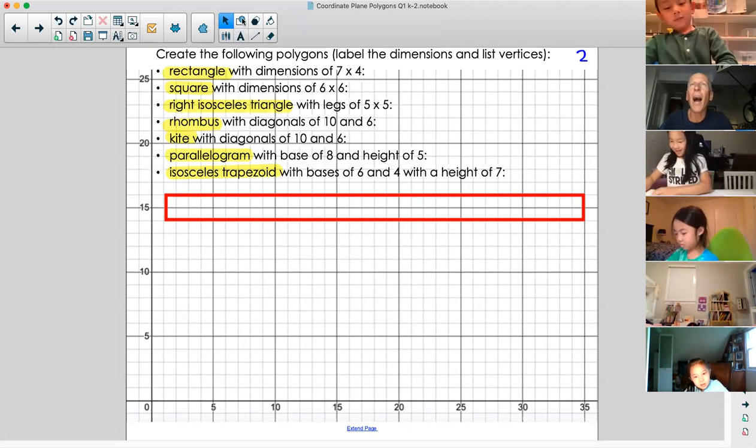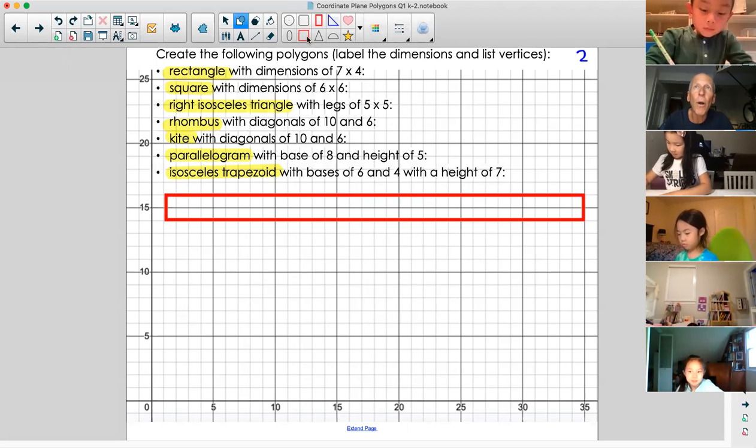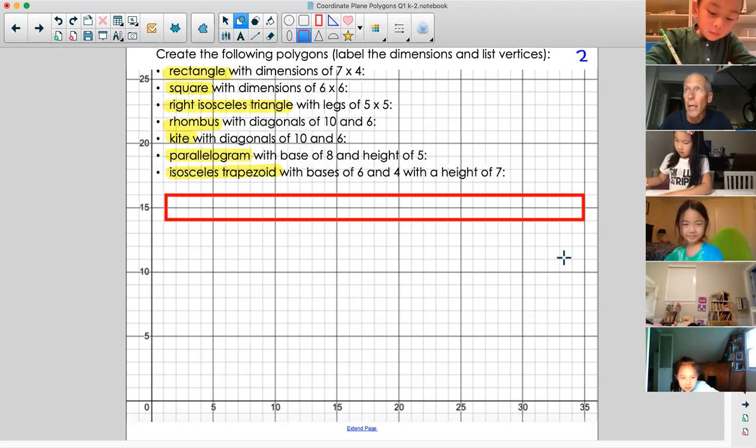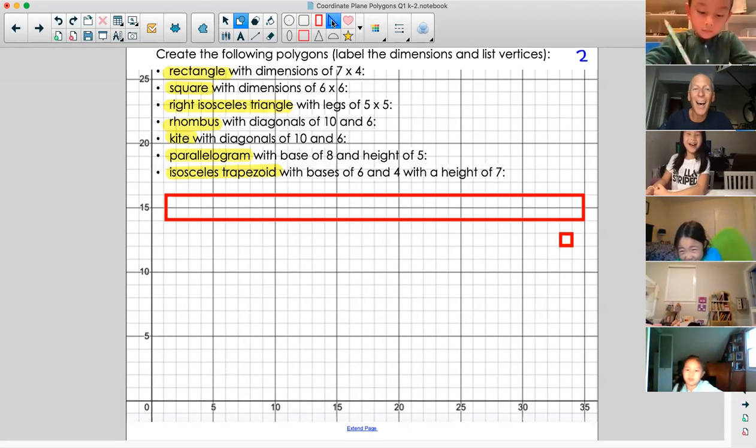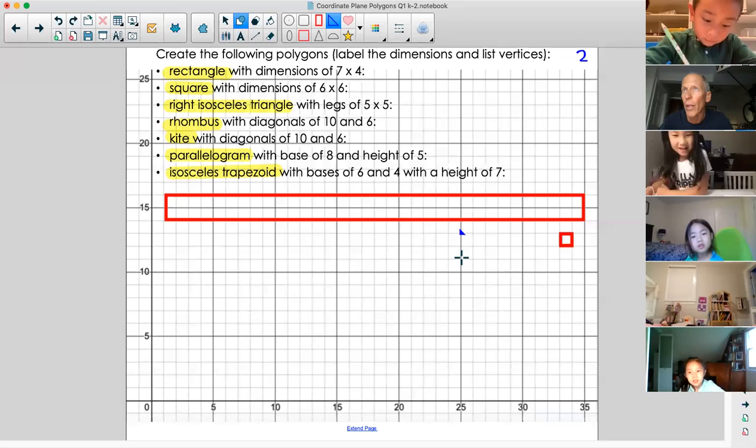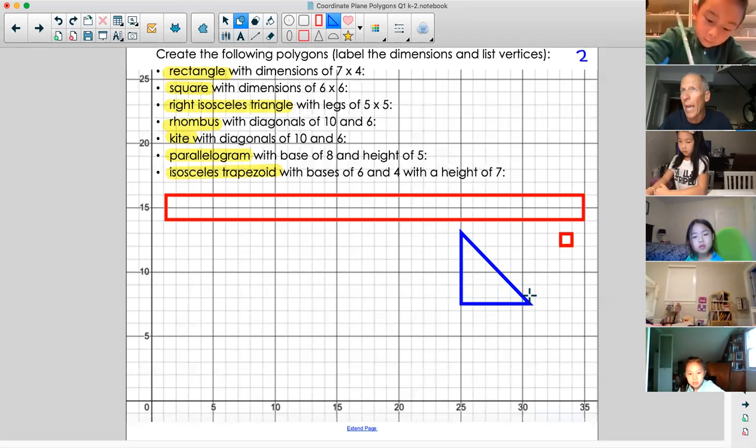And I'm now going to make, what are you guys drawing now? I'm going to make a square. I'm going to make the littlest square I can. Look how small my square is. Now I'm going to make an isosceles right triangle, and I'm going to name it an 8x8.